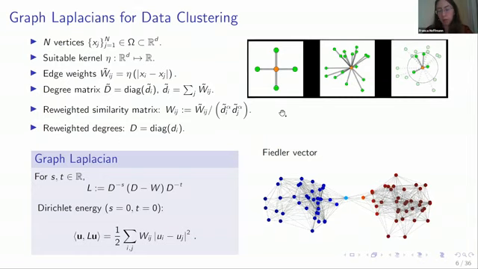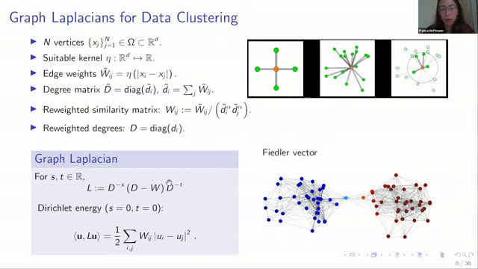And of course, alpha equal to 0 is a typical choice. You don't reweight, but one question then would be, what effect does this reweighting have on the performance of the algorithm, for example? And then you can calculate the new reweighted degrees as well.